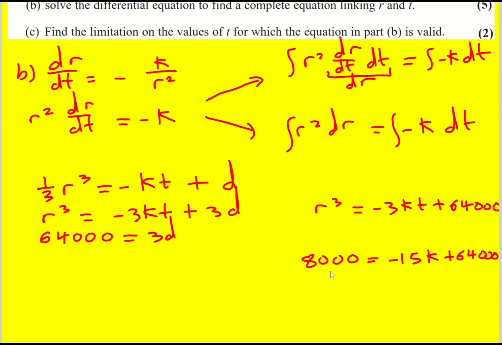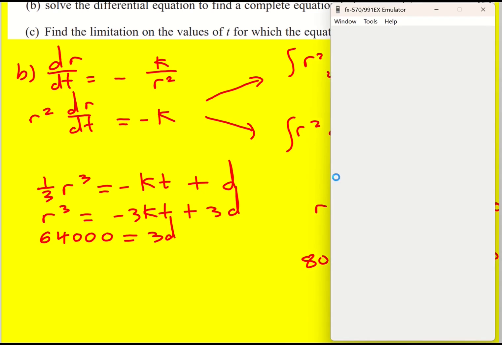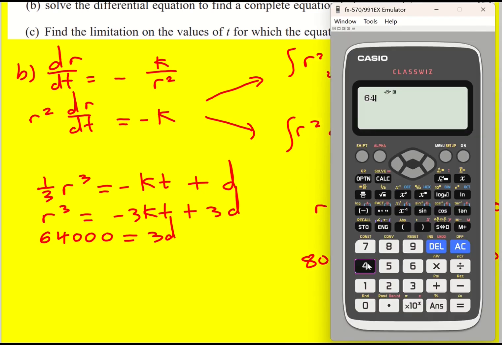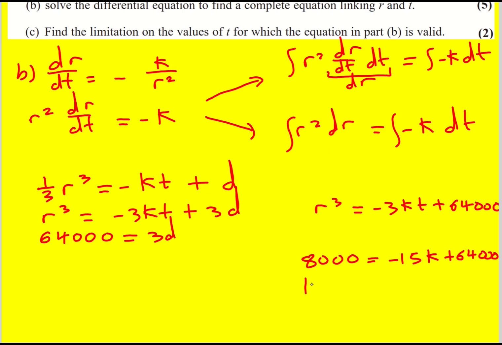And I can rearrange, I can do 64,000 minus 8,000 and then divide by 15, which gives me 11,200 over 3.